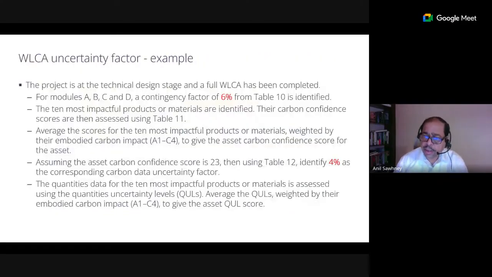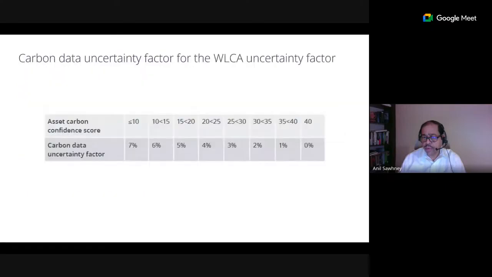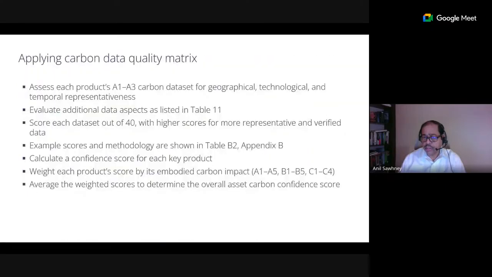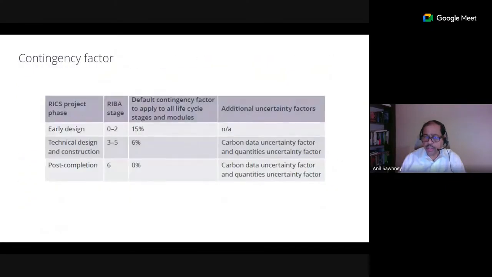So, for example, you have a project, it is at the technical design stage. You have the full WLCA completed. Now you have to apply the uncertainty factor. You're in technical design. So if you go back here, the default contingency factor is 6%.